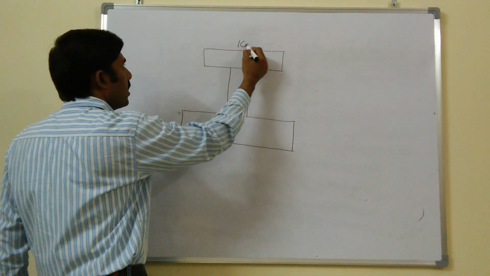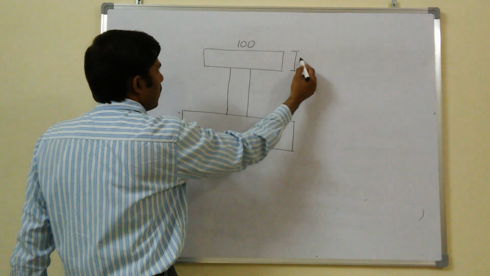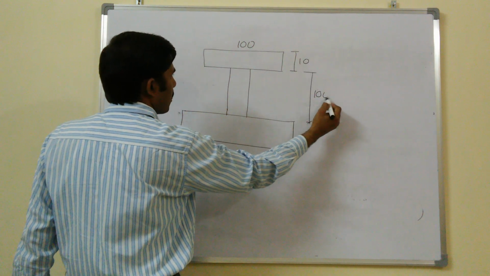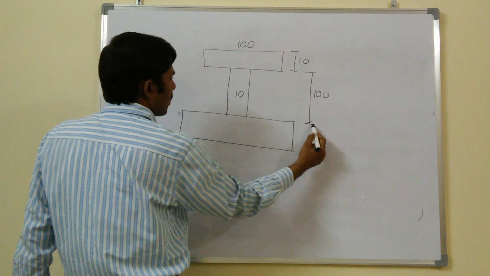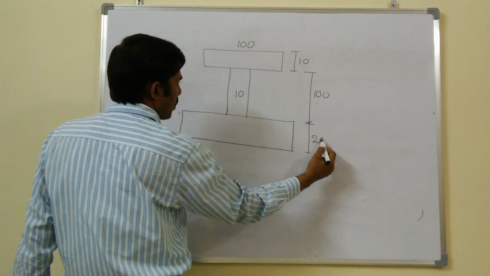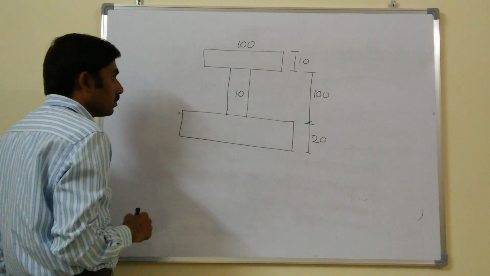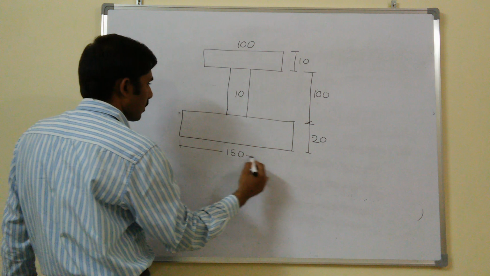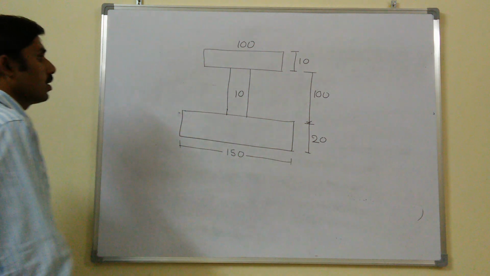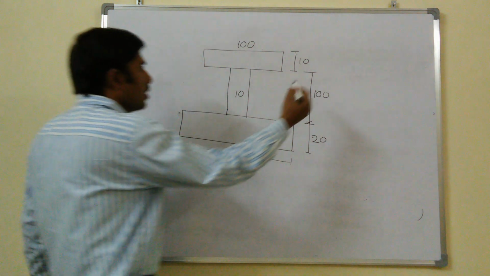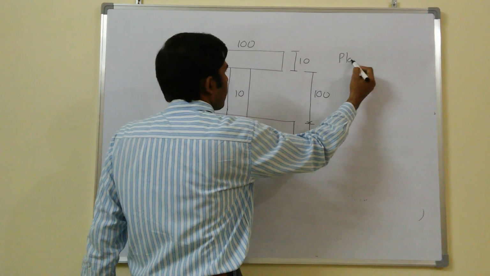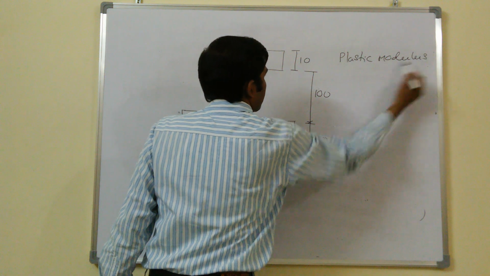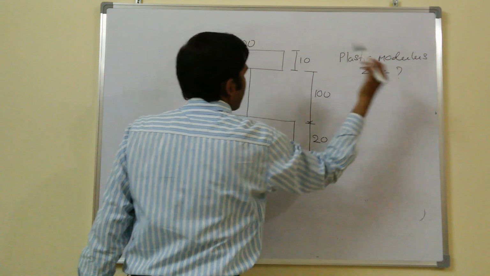Let us take this as 100, 10, this is 100, this width is 10, this is 20, and this is 150. Now for this we need to find ZP, the plastic modulus.